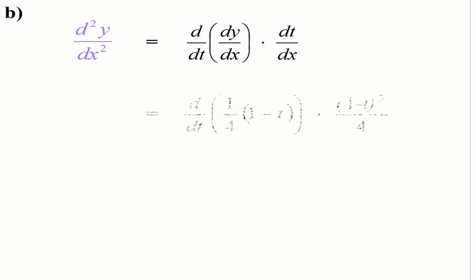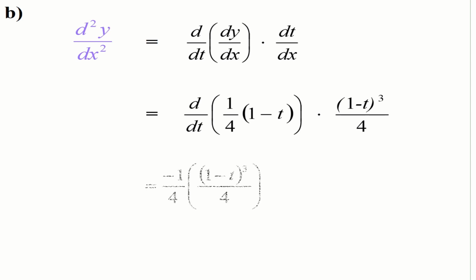Differentiate 1/4 multiplied by (1 minus t), multiplied by dt/dx, which is (1 minus t) cubed over 4. So differentiating 1/4 minus 1/4 t, we get negative 1/4, multiplied by dt/dx, which is (1 minus t) cubed over 4. So finally we get negative 1/16 multiplied by (1 minus t) cubed.